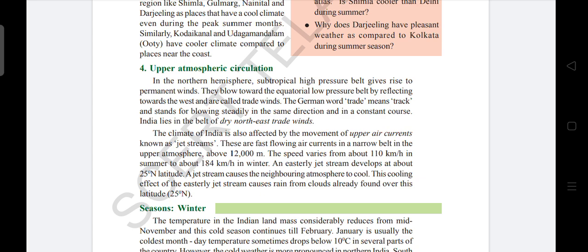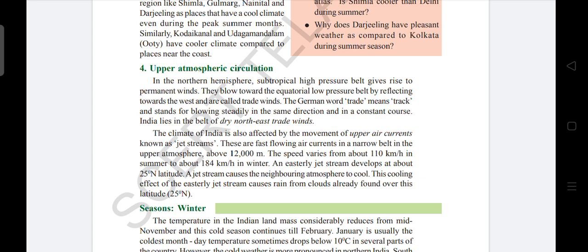So, what is happening here? The climate of India is also affected by the movement of upper air currents, which are known as jet streams. These are fast flowing air currents in a narrow belt in the upper atmosphere, at a height of about 12,000 meters. In summer the speed varies from 110 kilometers per hour to about 184 kilometers per hour in winter.